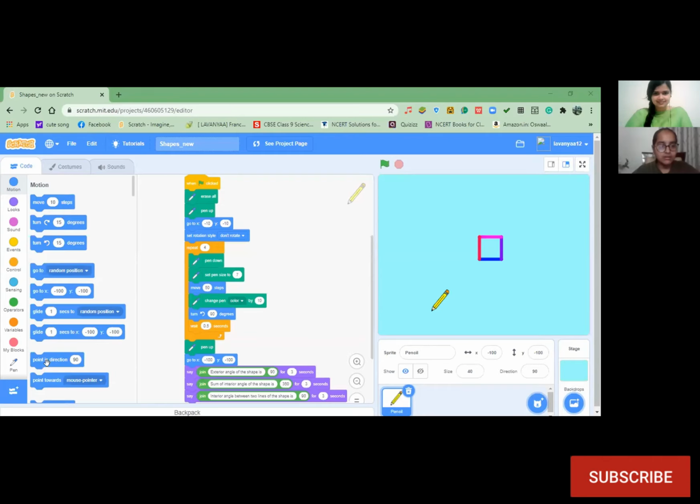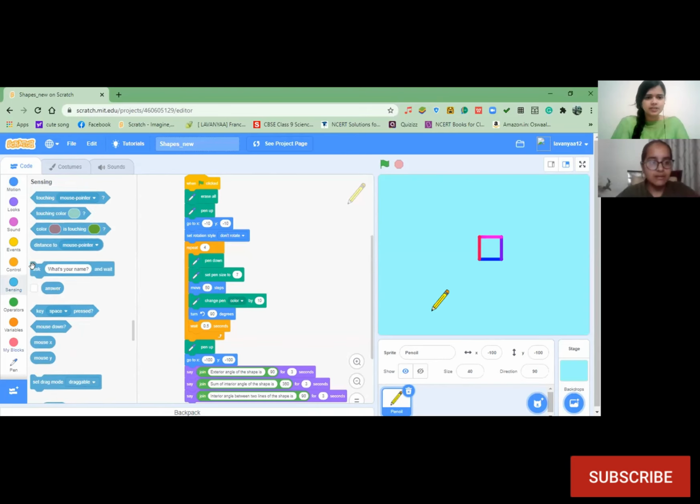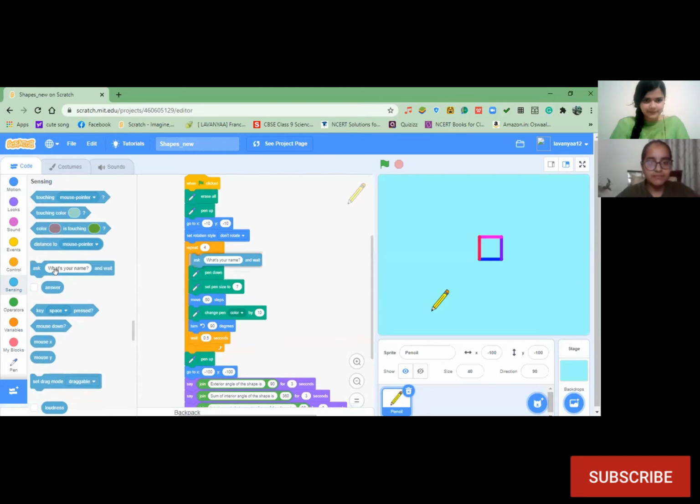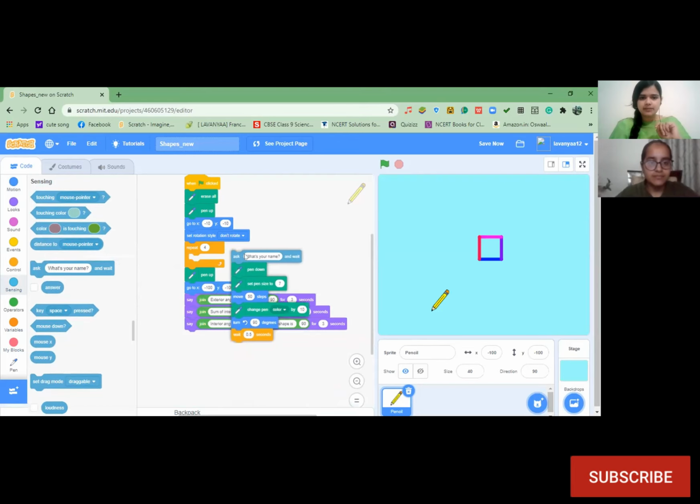Just share your screen and then make the project. So here we will add first an ask block. Yes, we want the user to give the number of sides. How about we ask the number of sides before the loop, before this repeat block?